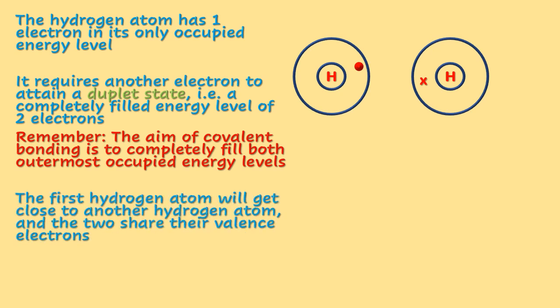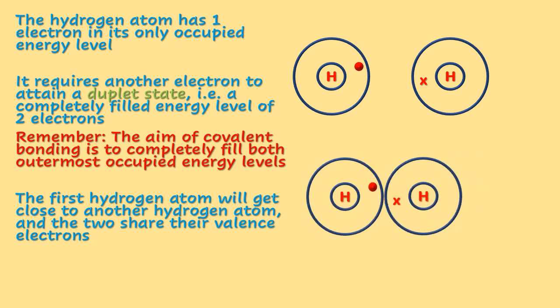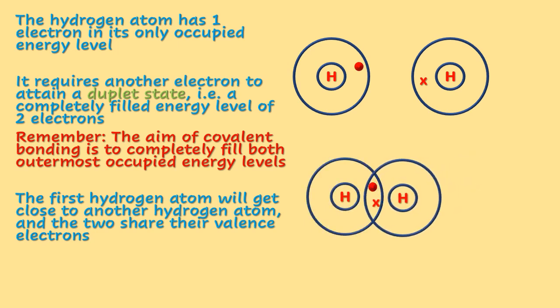The first hydrogen atom will therefore get close to the second hydrogen atom so that these 2 atoms share their valence electrons. That way, we can say that the first hydrogen atom now has 2 electrons.